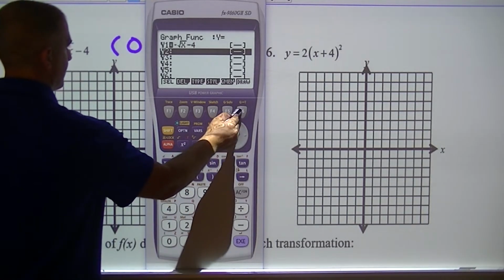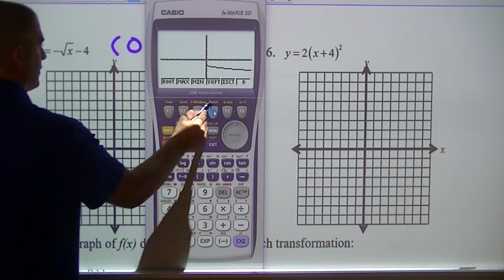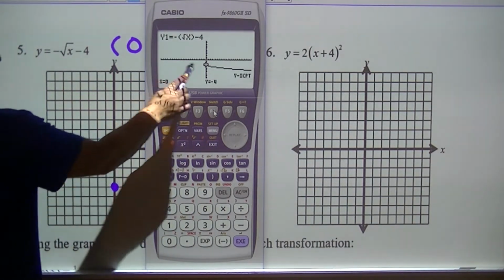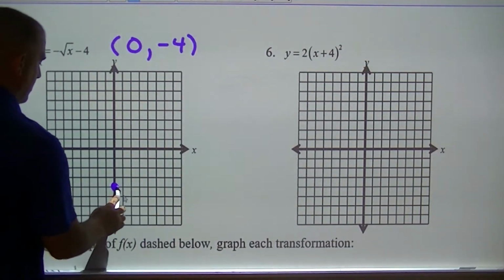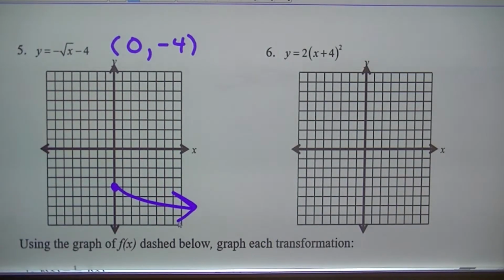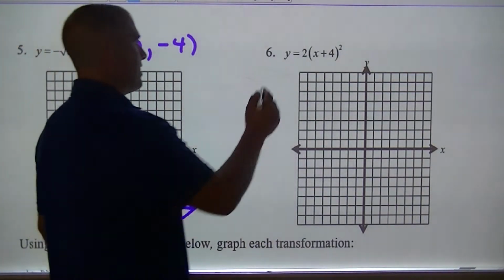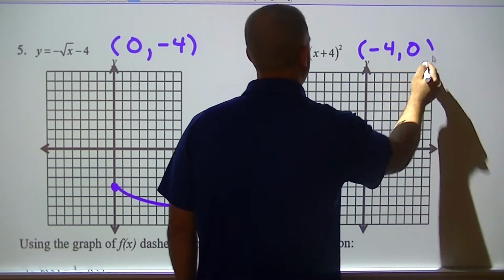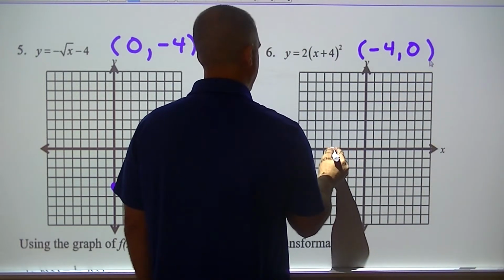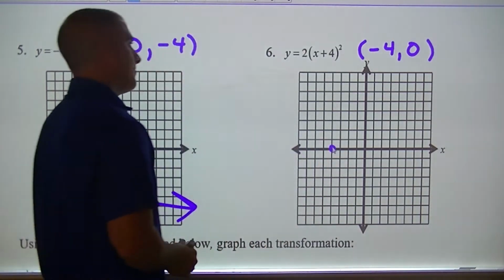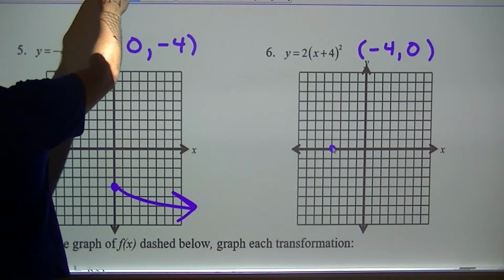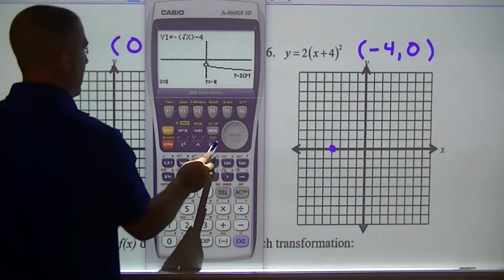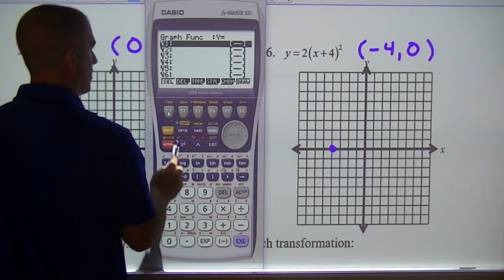G solve y intercept, 0, negative 4, is already graphed. So what I have here is a ray. It goes like this. This anchor point will be negative 4 for the inside, 0 for the outside. And what that 2 is going to do is stretch it out, make it a little bit longer.